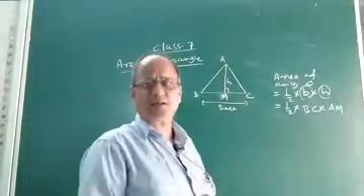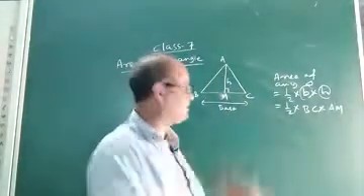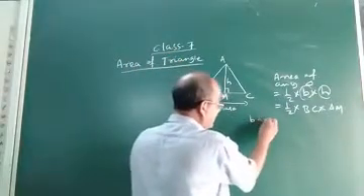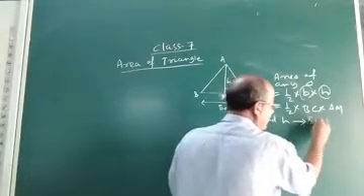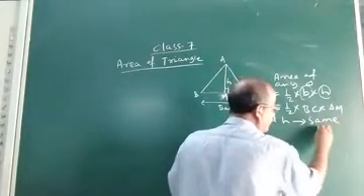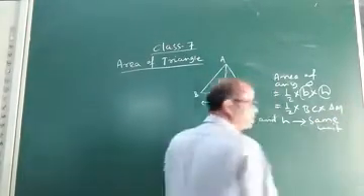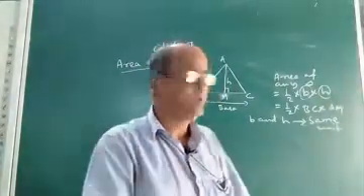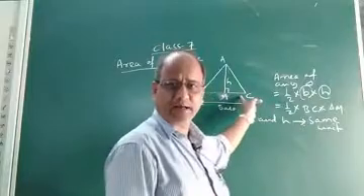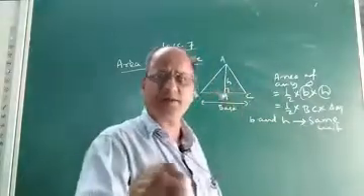And one thing you must remember: base and height both should be in the same unit. Same unit, what does it mean? It means suppose base is given in meter, then altitude or height should be given in meter.